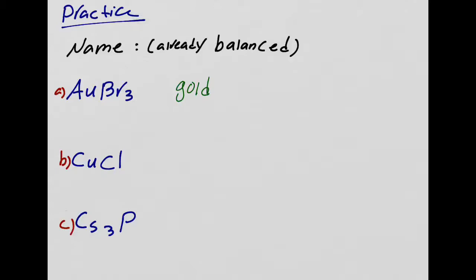Hopefully you memorized that. And Br is bromine. But we said when we're naming them, the ending changes to "ide." So gold bromide. Okay.